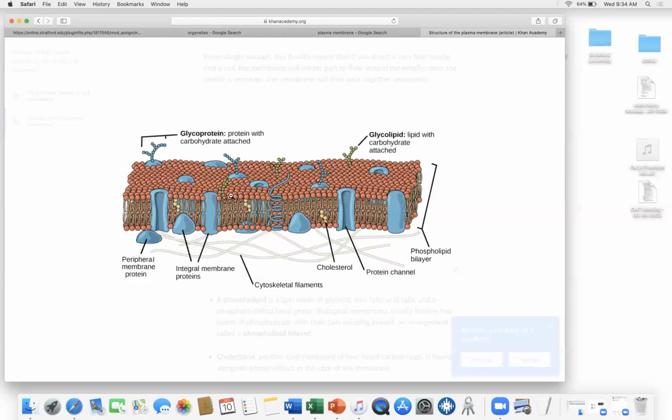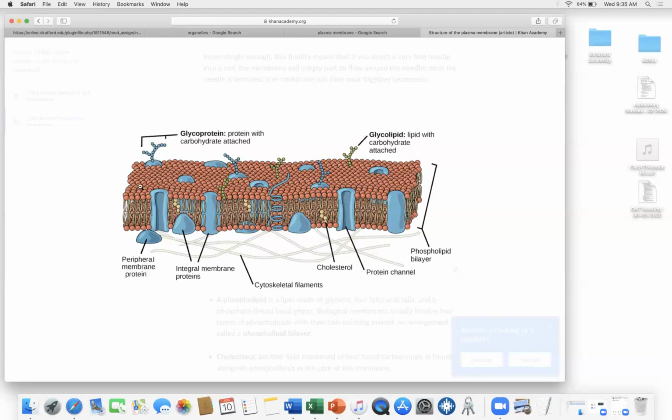I'm sorry, I think I said something backwards. Scratch that. The phosphorus heads are hydrophilic. They love water, and that's why there's water out here and there's water in there. So scratch what I just said. I did it backwards.